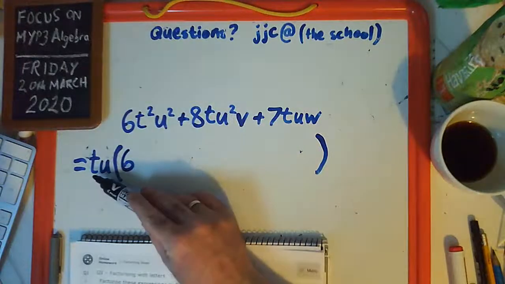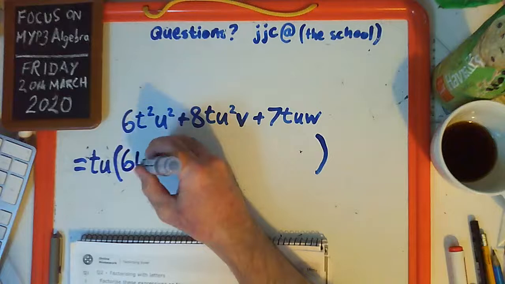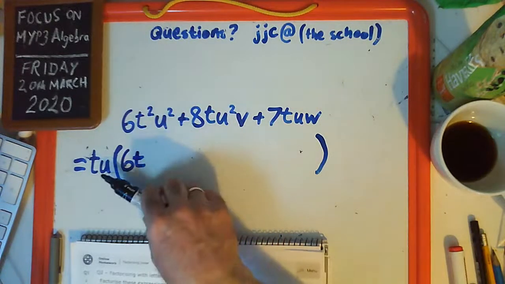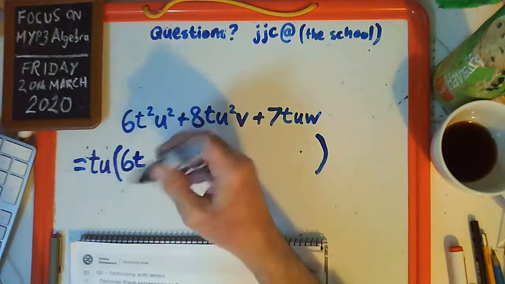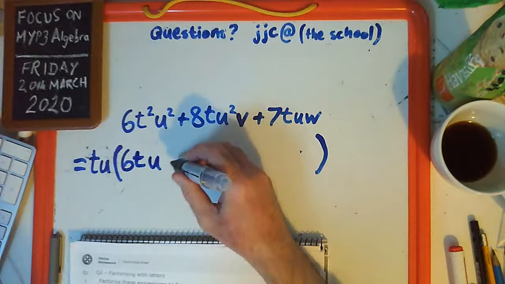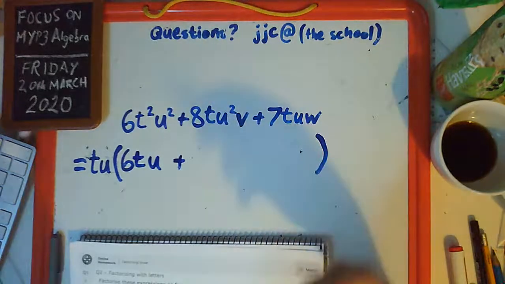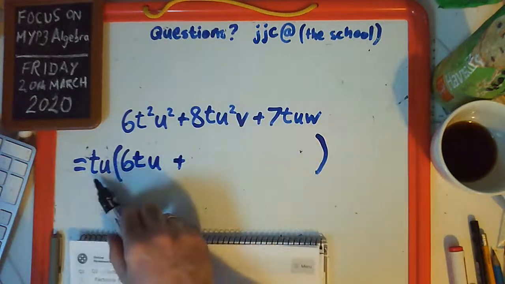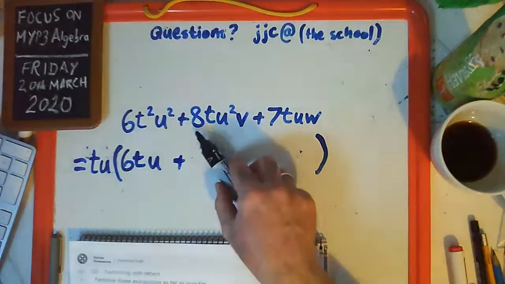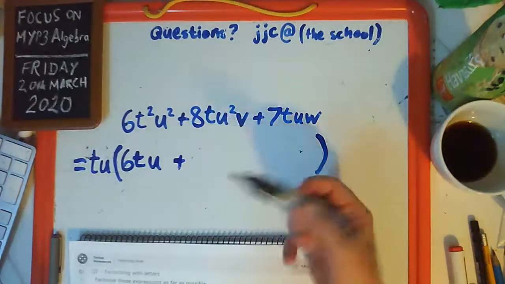I'm going to need to multiply the t by another t to get the t squared. And I'm going to need to multiply the u by another u to get the u squared. So that's that term.